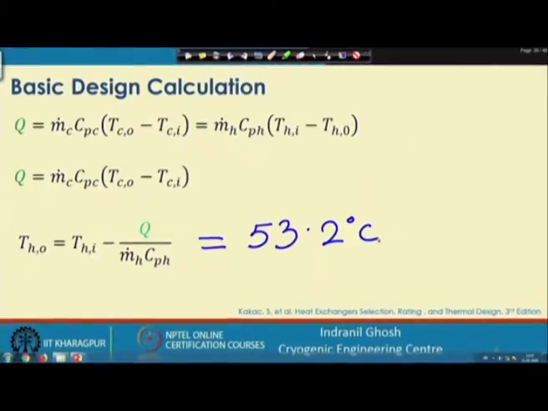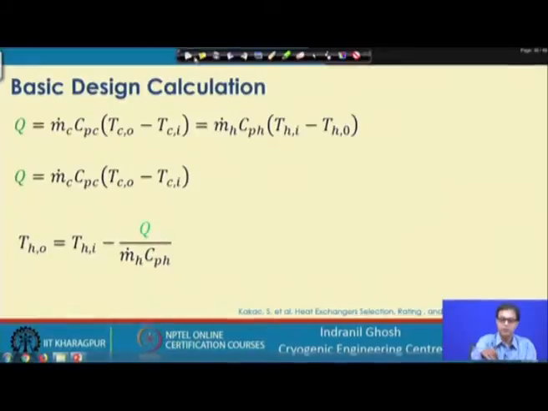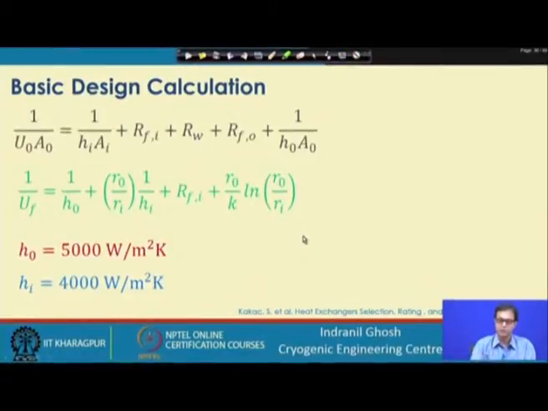So, now at this point we have to make some kind of assumption regarding the heat transfer coefficient, so that we can try to estimate the overall heat transfer coefficient on the shell side. How do we do that? In order to do that, we have to depend on certain realistic values of the internal and the external heat transfer coefficient.